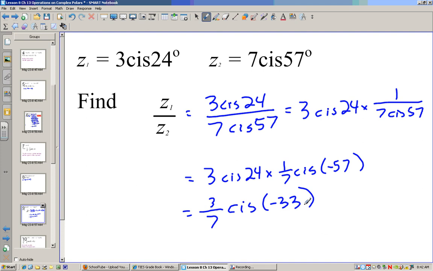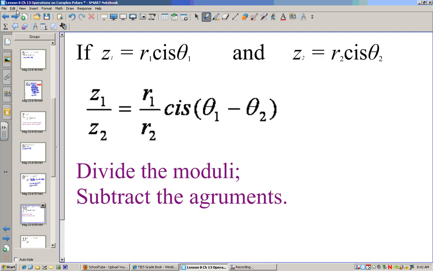So let's think about how we can do this. If we're taking z1 divided by z2, I'll take the modulus of the numerator divided by the modulus of the denominator to get 3/7. To get negative 33, I take 24 minus 57. And here's the formula. r1 divided by r2, CIS, theta 1 minus theta 2.